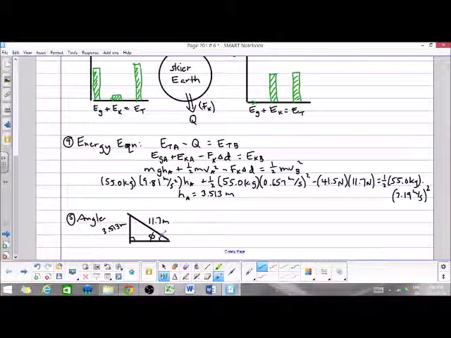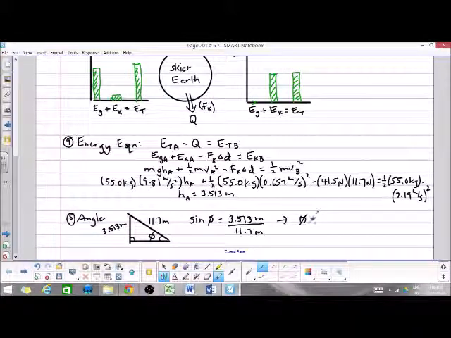All right, so to solve for phi, we know the opposite side and the hypotenuse. So sine of phi will be 3.513 meters divided by 11.7 meters. That solves to give you an angle.